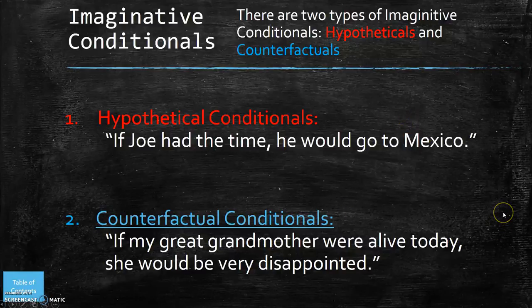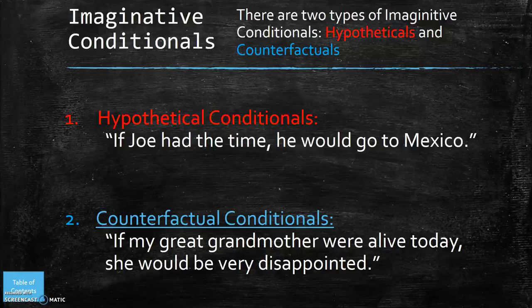All right? And the second type of imaginative conditional is counterfactual conditionals. If my great-grandmother were alive today, she would be very disappointed. Okay, this one's a little bit trickier to grasp, but the basic form of it is we have our subordinate sentence, if my great-grandmother were alive today.